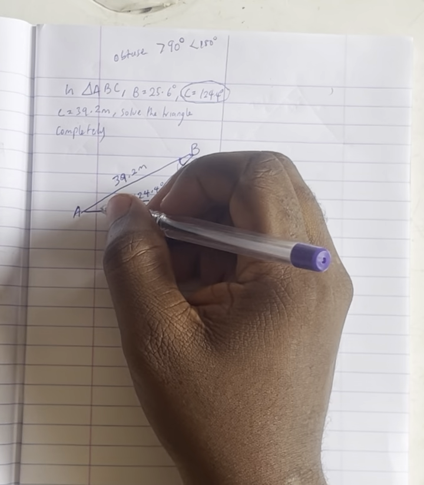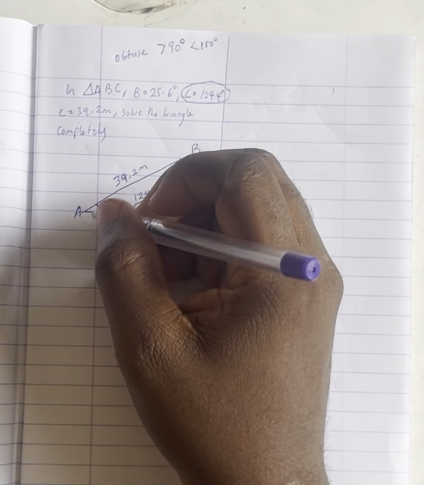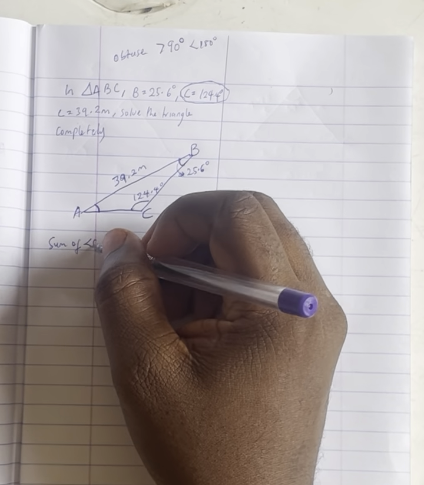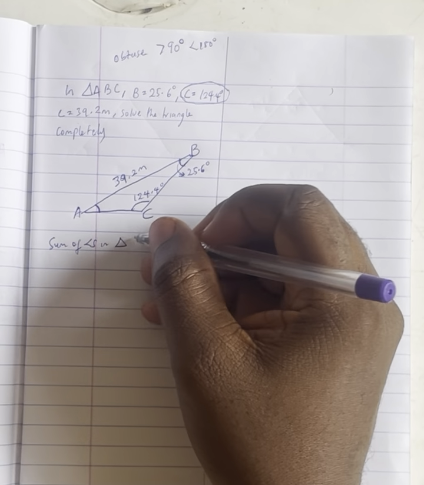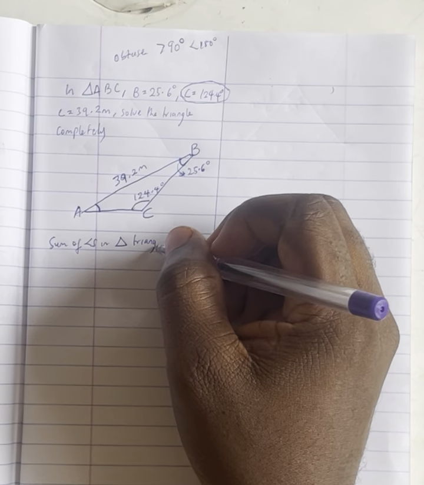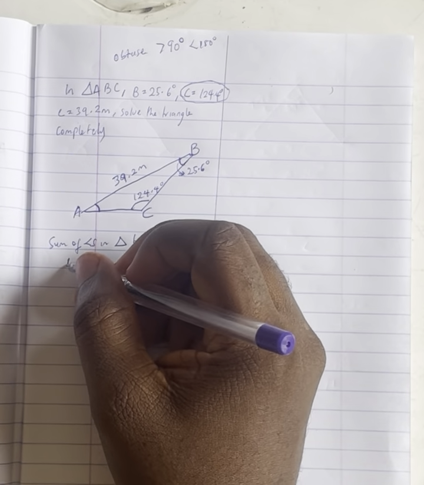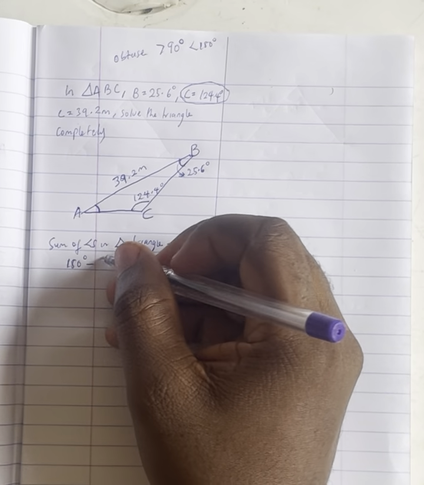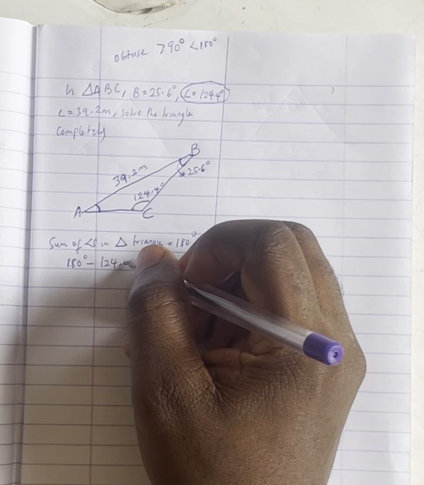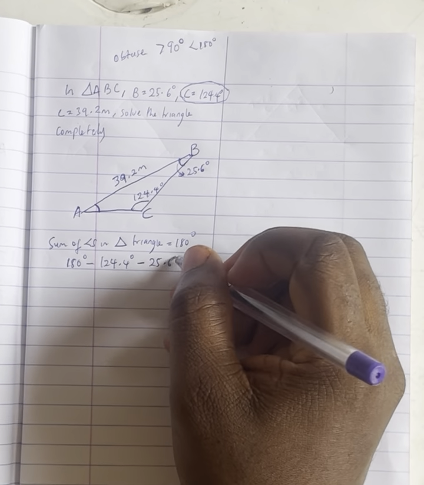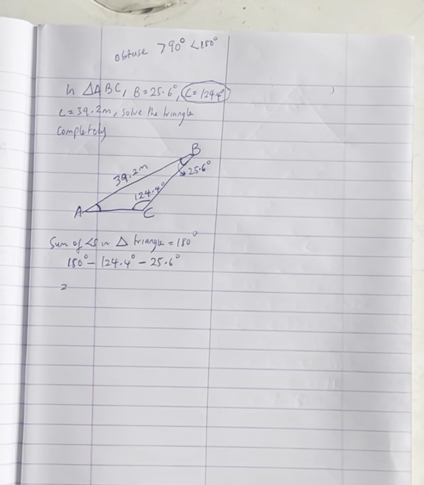So the first thing that we can do here is find the angle here, and the sum of angles in a triangle is 180. So the angle here will just be 180 degrees minus 124.4 degrees minus 25.6 degrees.